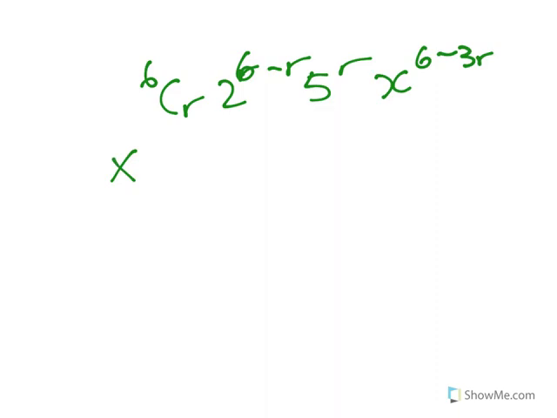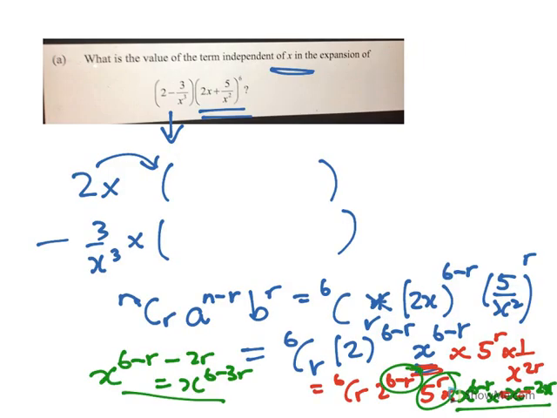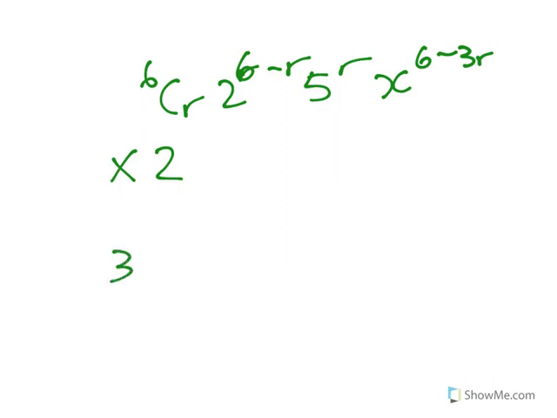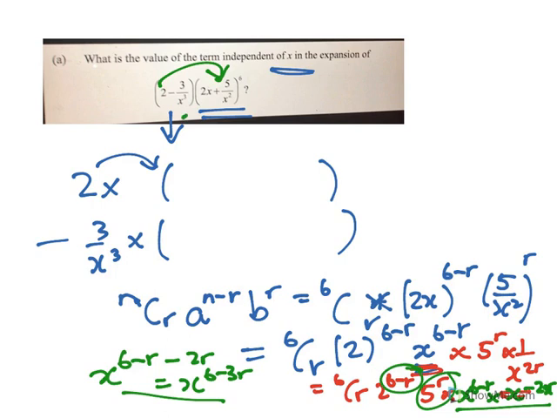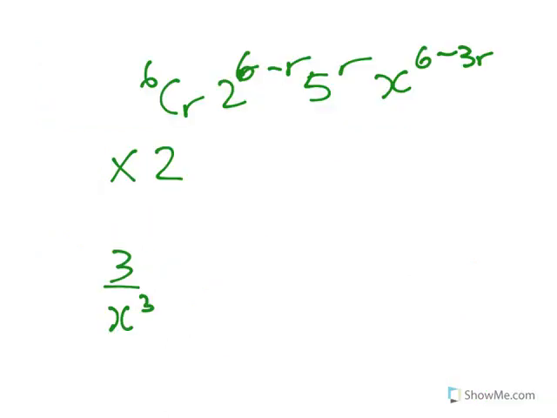Now we want to times that term first of all by 2, because that's one of the expansions from this bracket, and that'll be one term, and then we want to do another one by 3 on x^3. Just make sure I'm getting those indices right. And then once we've got these coefficients, we're trying to find the coefficient that is independent of x.